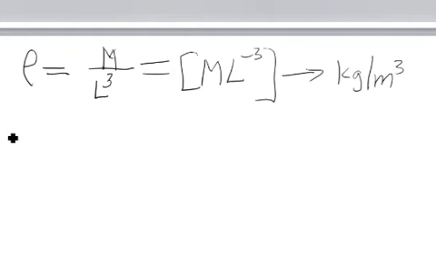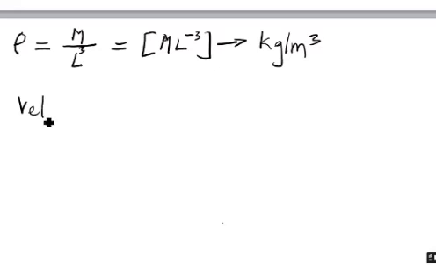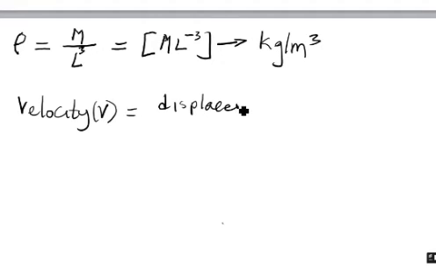The next one is velocity, which is equal to displacement over time. Some people will discuss it as distance, but here it's a vector quantity, so it's displacement.